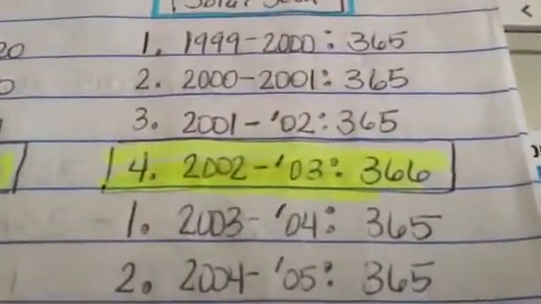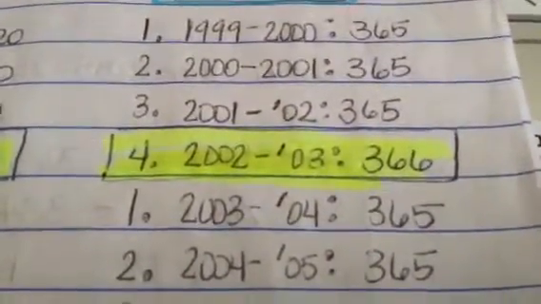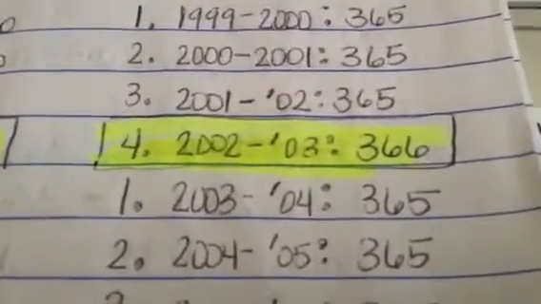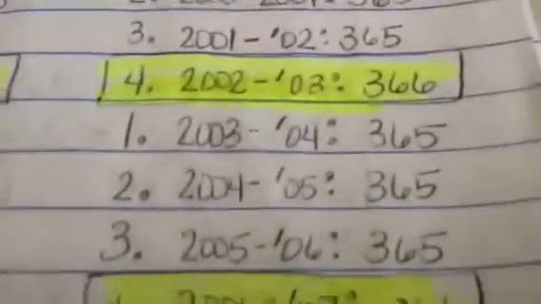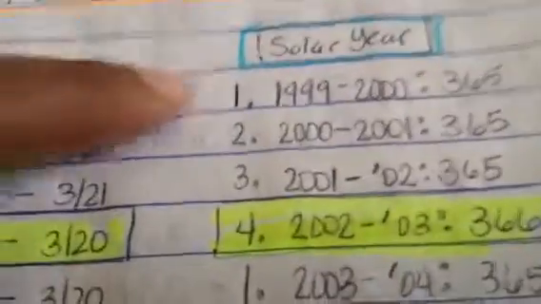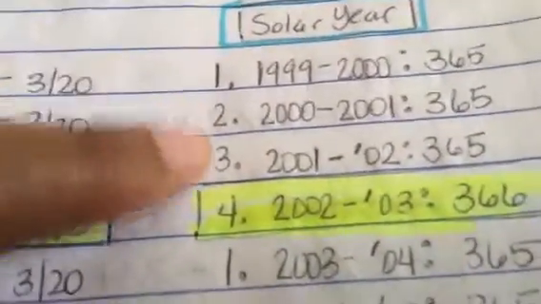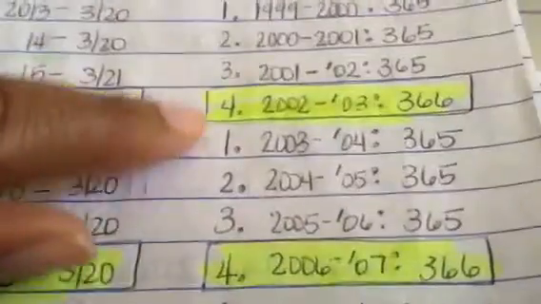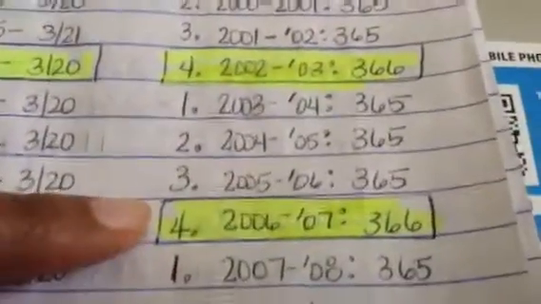You'll look at when the solar year began in 2000, and when it ended in 2003, and you'll carry this out. I want you to see this pattern again. You see how it is 1, 2, 3, 4: I have 366. 1, 2, 3, 4, 366.